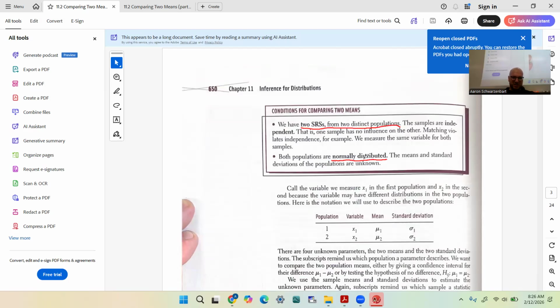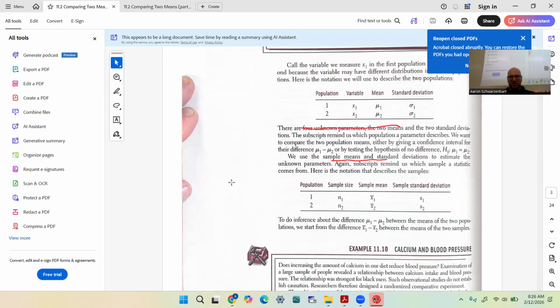Well, with this one, it's even lower. Unless there's evidence that it's not normal, you can get away with doing this with 5 in each sample. If you have 20 in each one, totaling 40, plenty big.